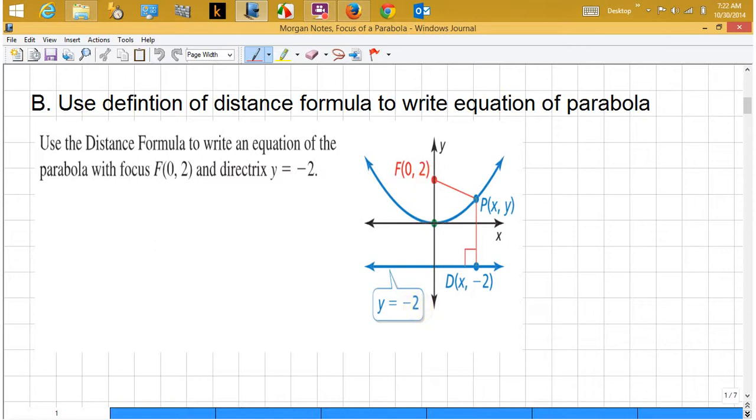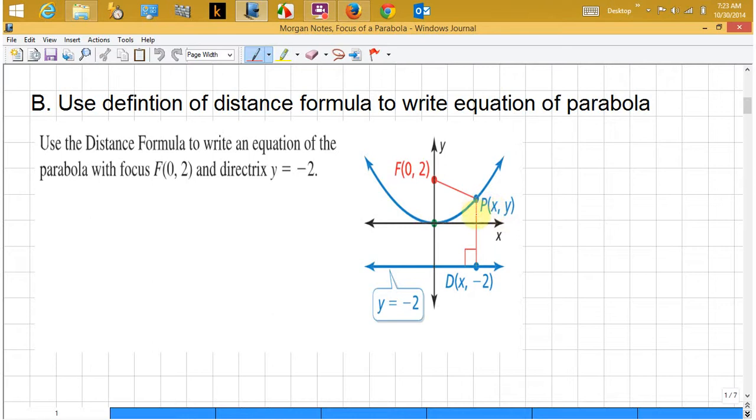Let's go ahead and write the equation of this parabola. Take this point that they've identified for us on the parabola. We draw a line straight down to the directrix, giving the point (x, -2). And if we go over toward the focus, this line is equal to this line. So let's use the distance formula.